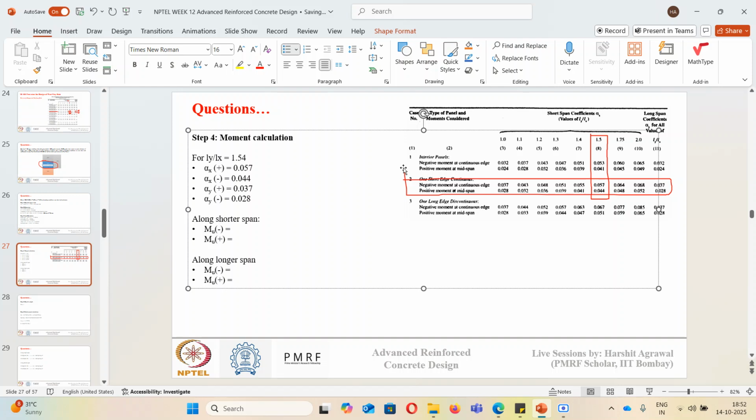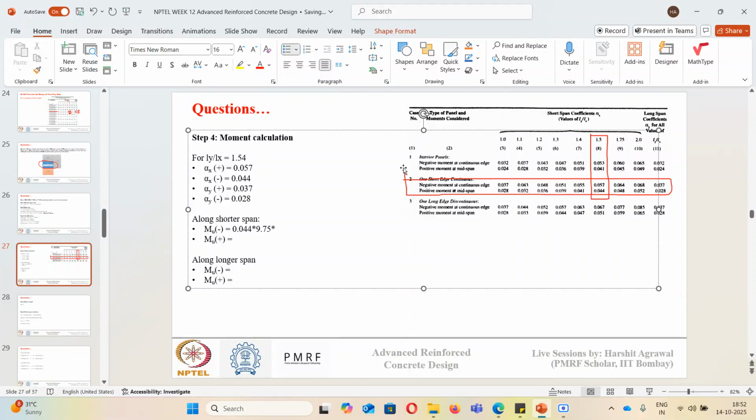So along the shorter direction, Mu negative will be alpha x negative, at the corner. The moment will be 0.044 times 9.75 times L square.